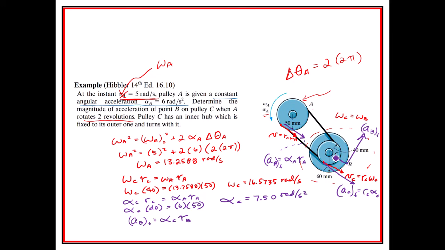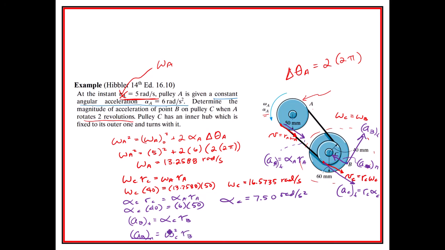But there's also going to be, I'll write over here, a normal acceleration of B, and that's going to be A_B normal. And that is the centrifugal part. When we're dealing with these angular ones, we like to write that as omega_C squared, but now R_B is the one.